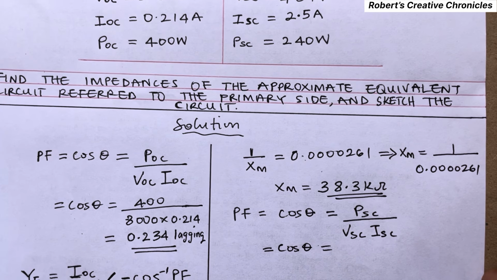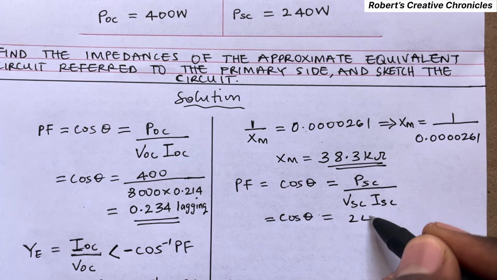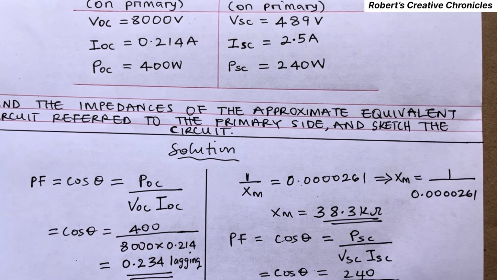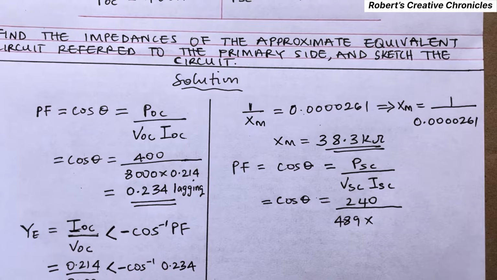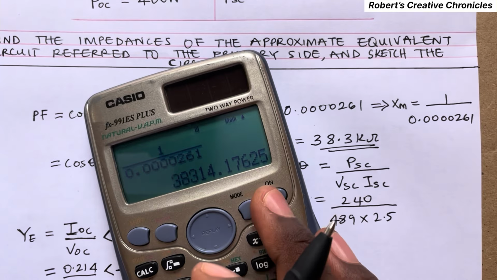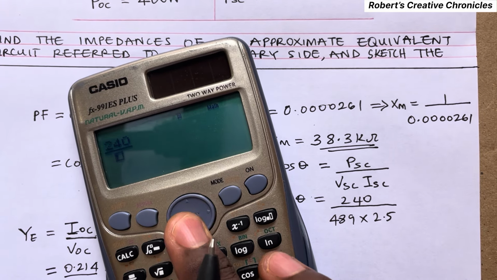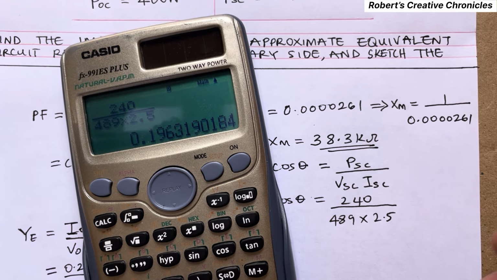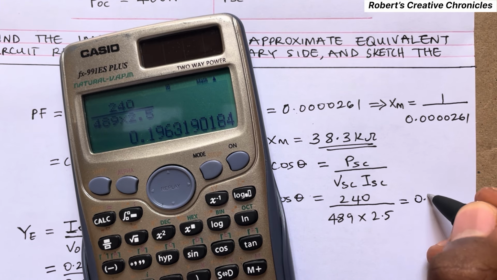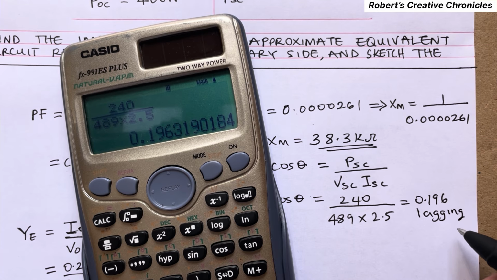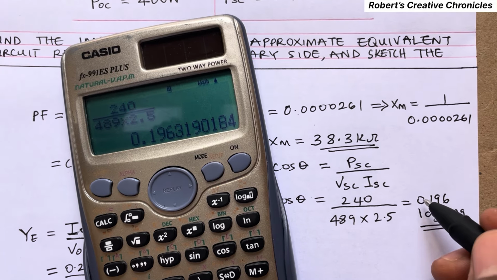So the short circuit power is 240, over 489 times 2.5. So this is 0.196 and it's lagging.